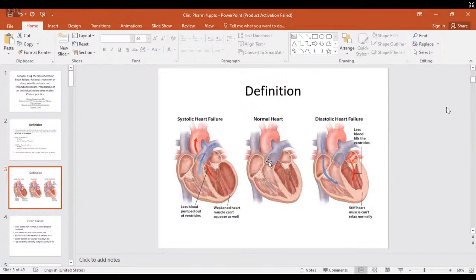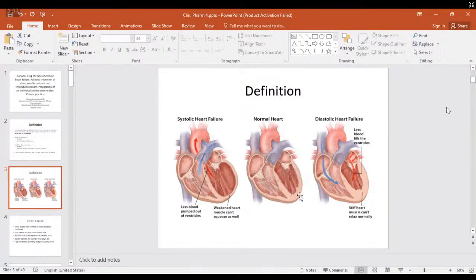This slide shows you in the middle a normal looking heart with the left ventricle, as you can see, having this left ventricular free wall, and this is the septum, and this is the right ventricular free wall.